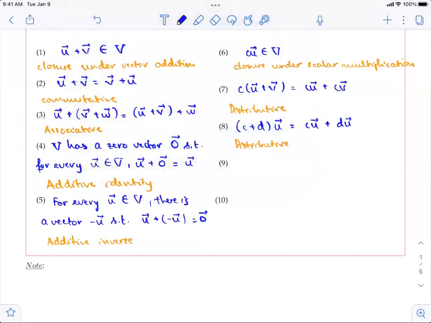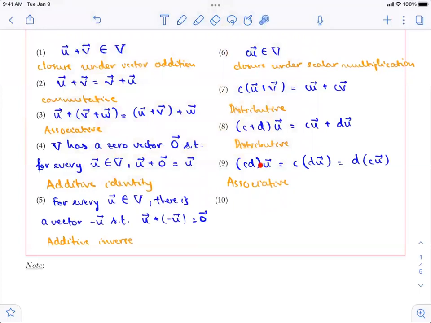The next one is c times (d times u) equal to (c times d) times u, which is also equal to d times (c times u). This is the associative property of scalar multiplications.